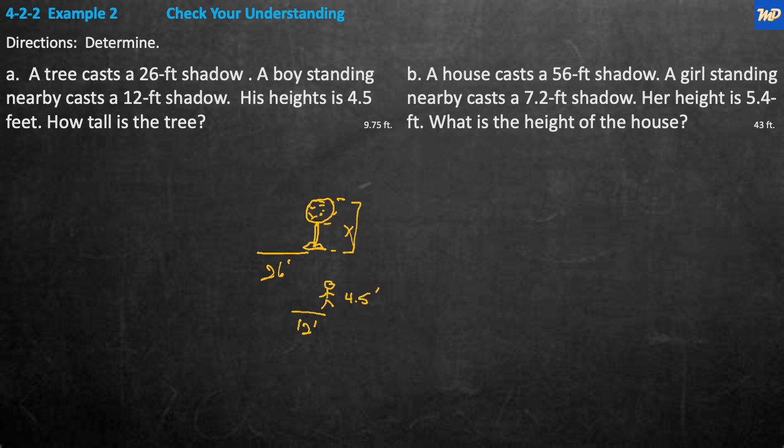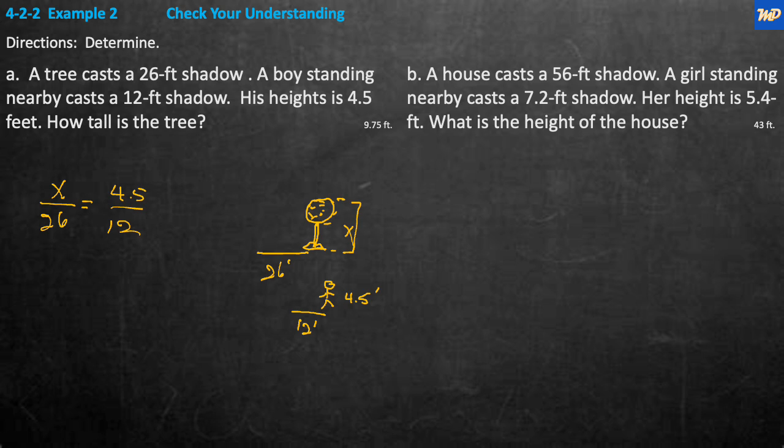X to 26 is 4.5 is to 12. So let's write it. X is to 26 as 4.5, the boy's height, is to his shadow, 12. So the tree's height is to its shadow as the boy's height is to his shadow.